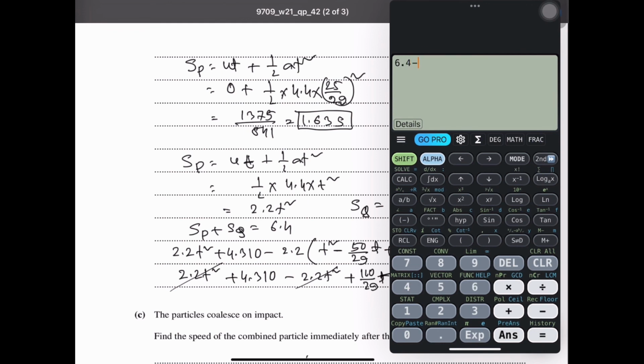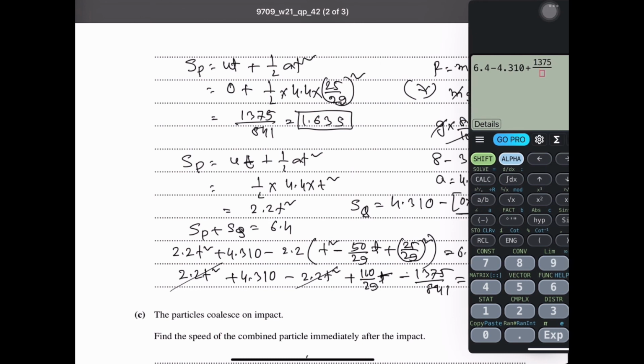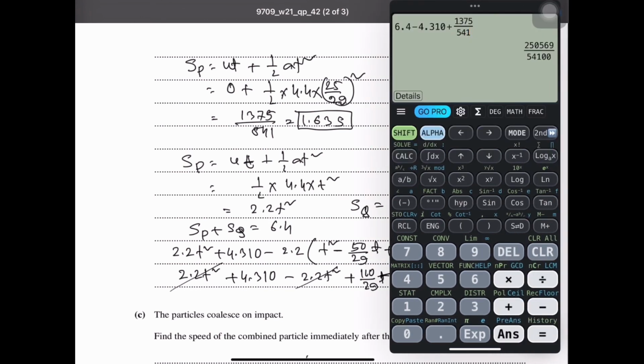6.4 minus 4.310 plus 1375 divided by 841, and then divided by 110 by 29.